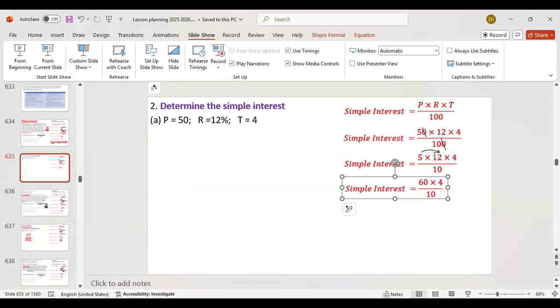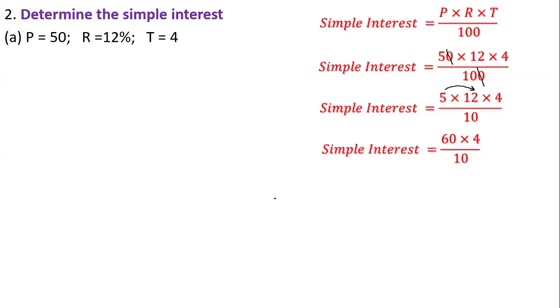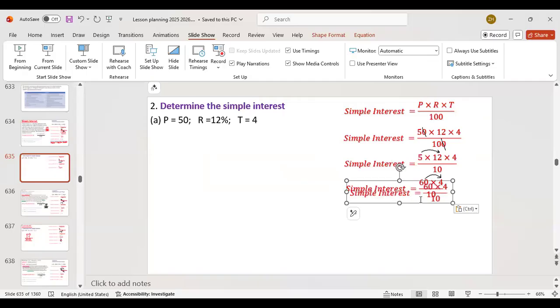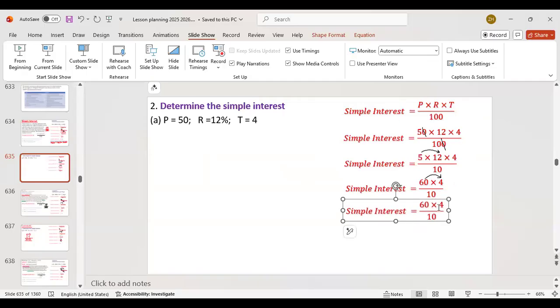Then we do 60 times 4, which is 240. Very good. So this is going to be 240.